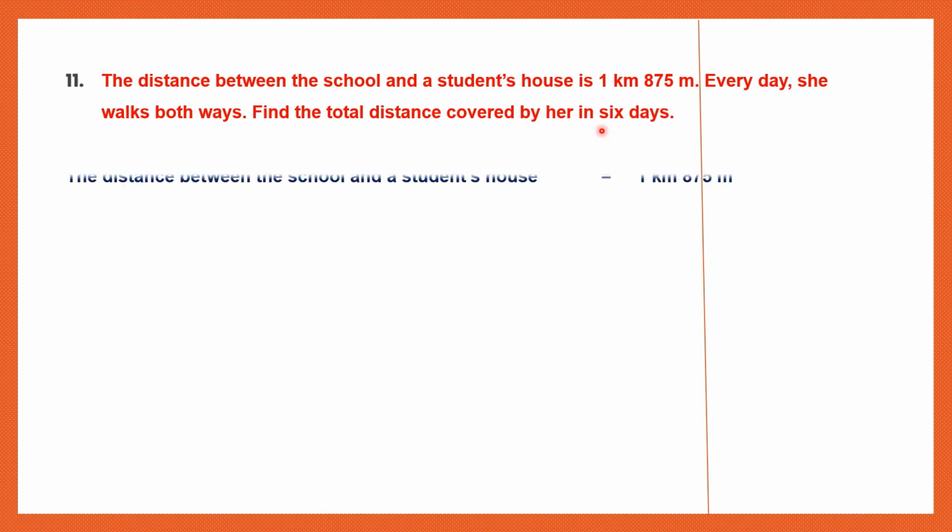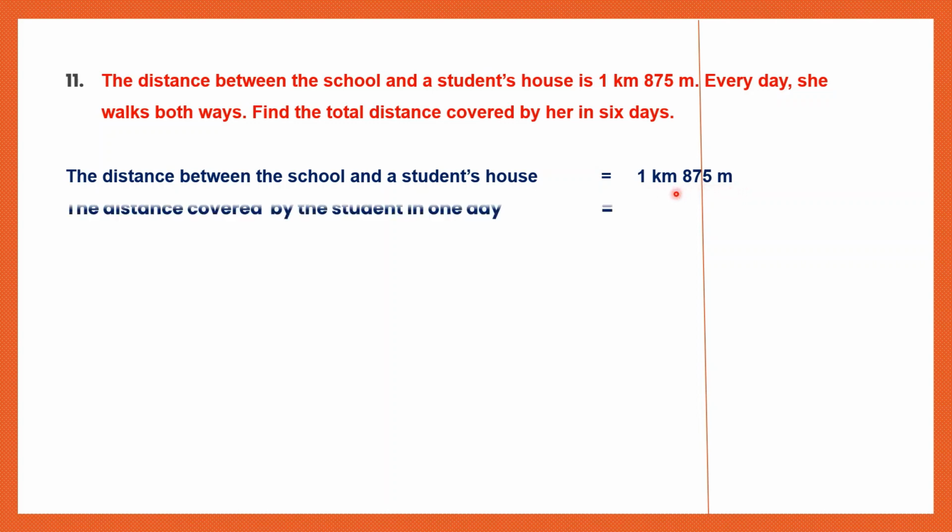So let's begin our statements. So the distance between the school and the student's house is 1 kilometer 875 meters. It's given to us. Now the distance covered by the student in 1 day. Okay, now she has to walk this distance twice. So that means 2 into this. So first let's convert this into meters. So 1 kilometer equals 1000 meters.